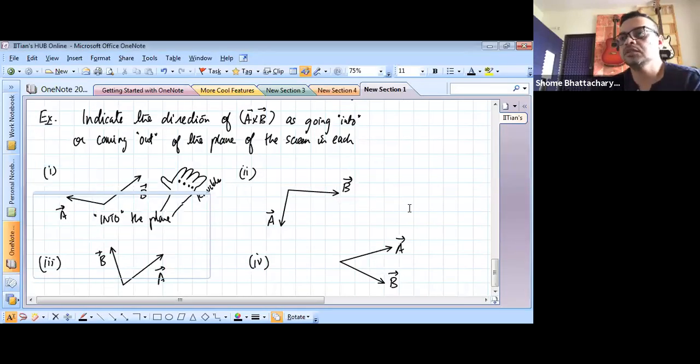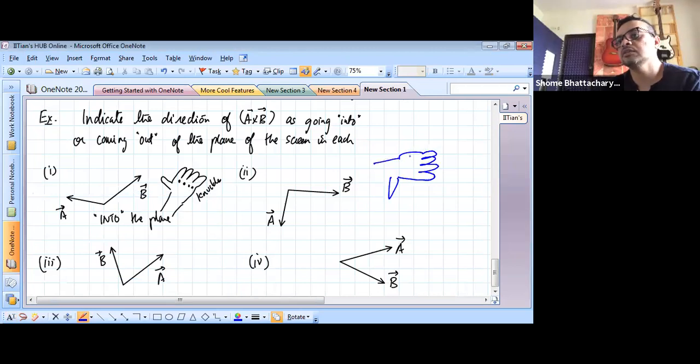So here again I'll have to place my hand such that my thumb is pointing like this and my fingers pointing like this. So my palm is facing towards me. So this is coming out.